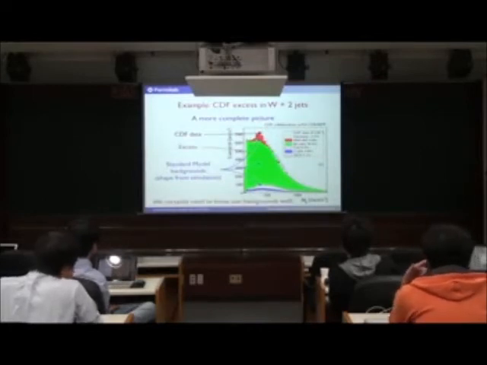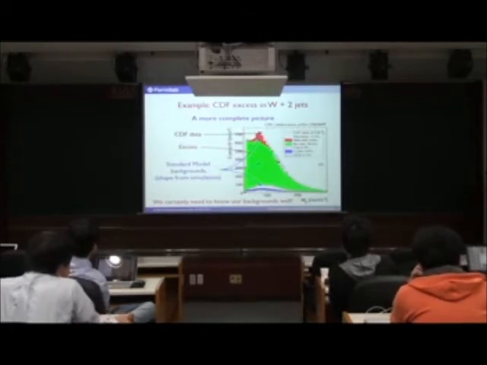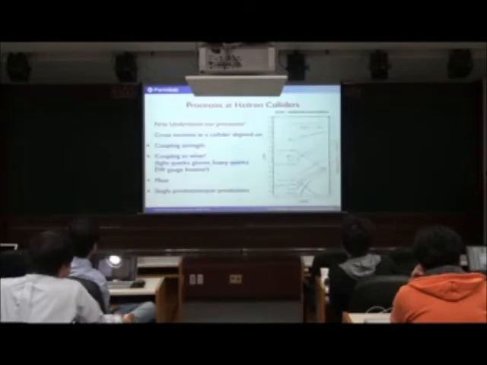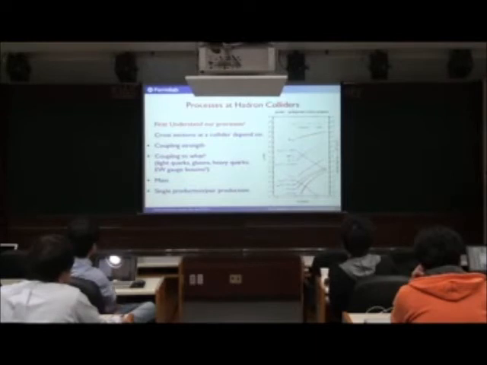So the main point here is that in order to interpret the physics at the Hadron Collider, we certainly need to know our backgrounds very well. Before we start doing anything else, we need to understand our processes.